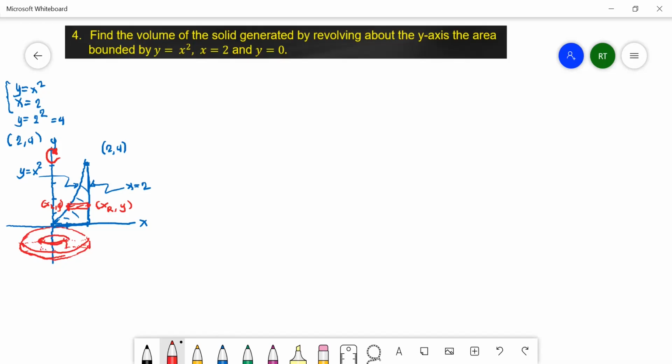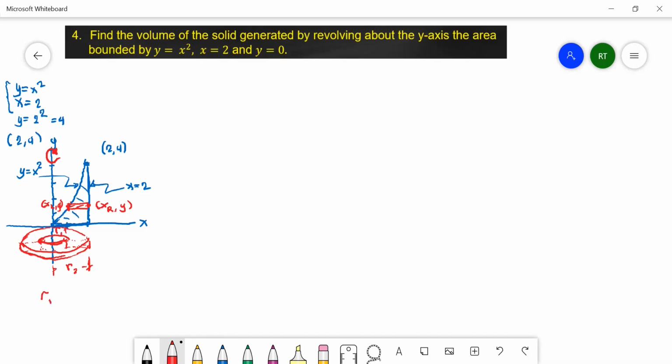And the outer radius, this is R sub 2. This is the outer radius, R sub 2, and the inner radius is R sub 1.